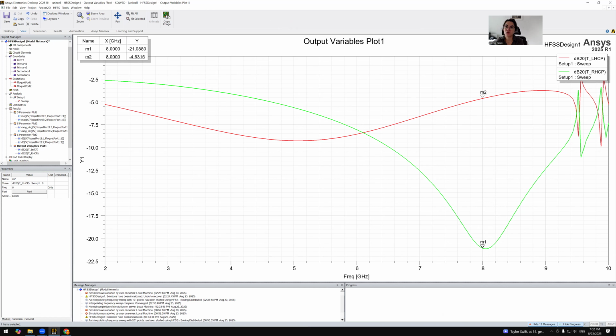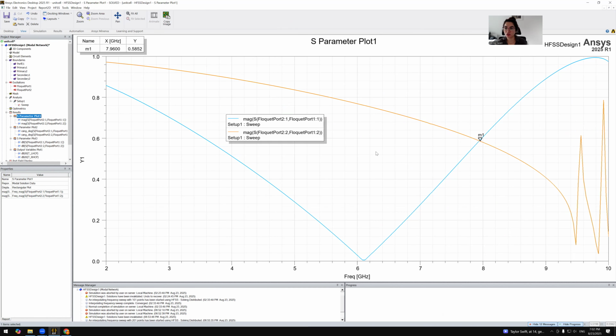But in order for you to understand what you're doing beyond the equations: when you design a circularly polarized unit cell, what you're trying to do is find a frequency, the desired frequency that you want, where their magnitudes meet, desirably around 1, and they have about a 90-degree phase difference.